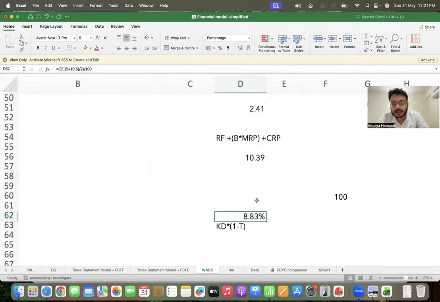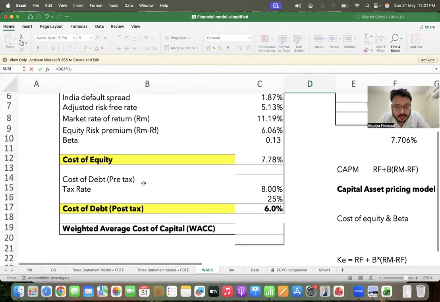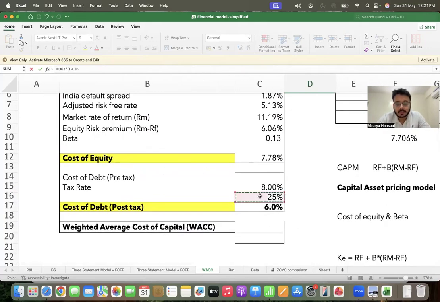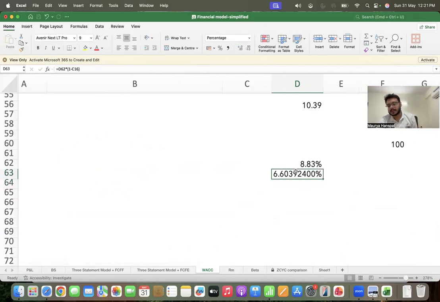I'll get 8.83. Then I can simply do 8.83 into 1 minus this 25%, and I will get my cost of debt as 6.60. These are the adjustments that we have to do.